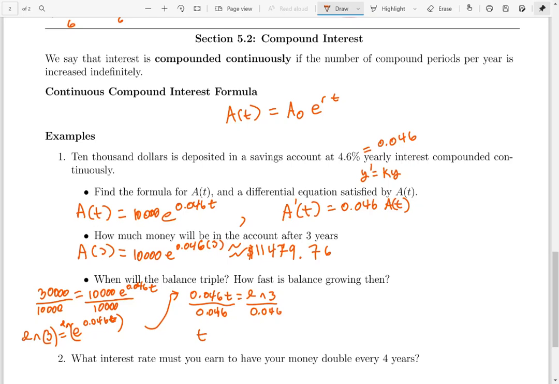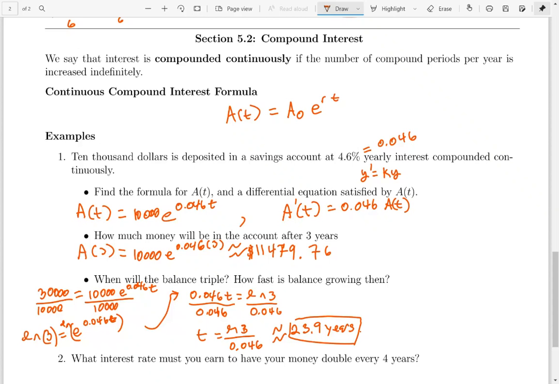I then get that t is equal to the natural log of 3 divided by 0.046, which is approximately 23.9 years. And so that's how long it will take before it will triple.